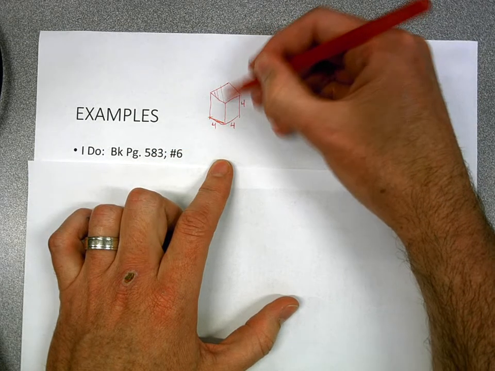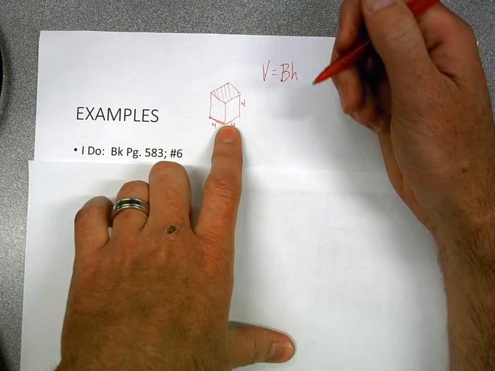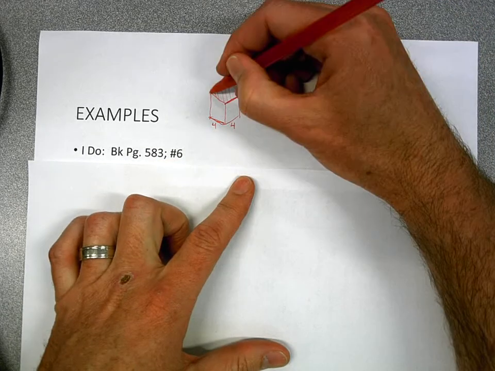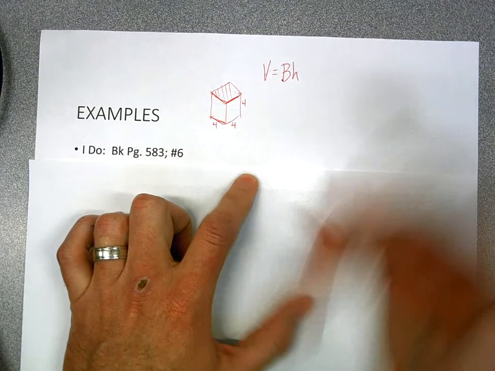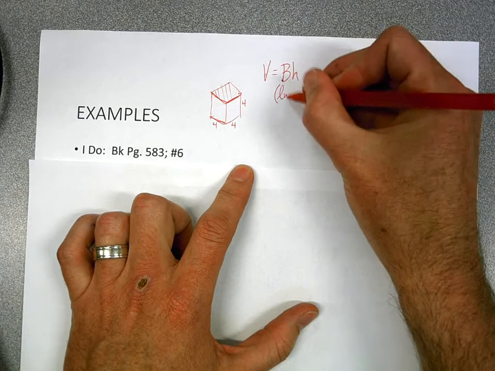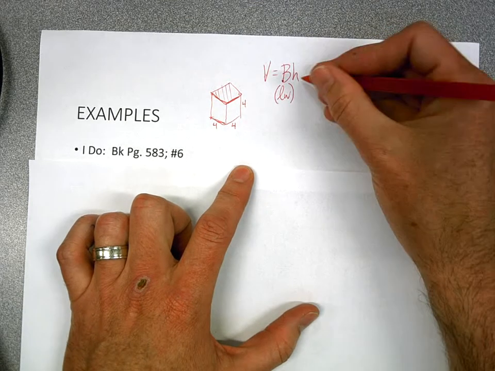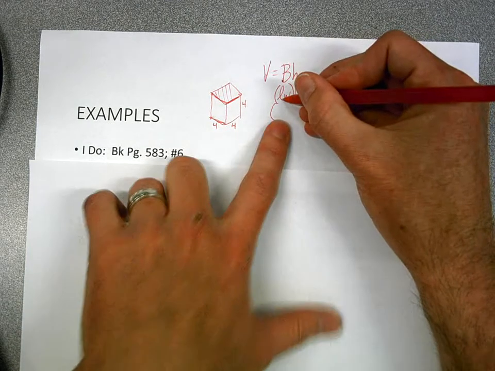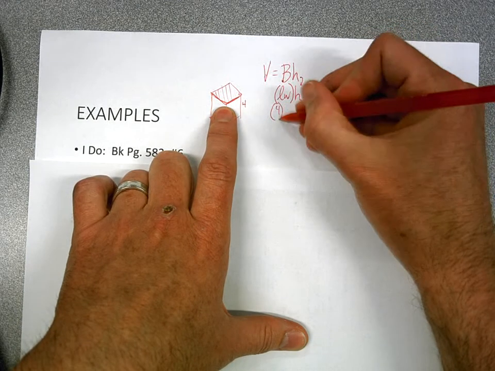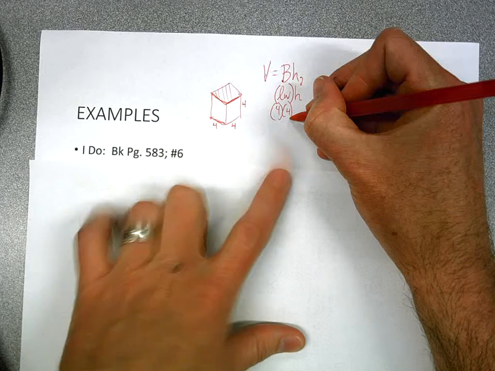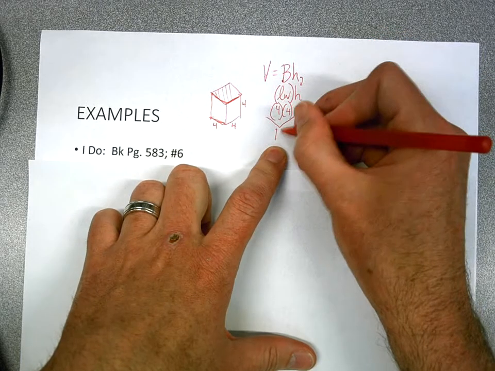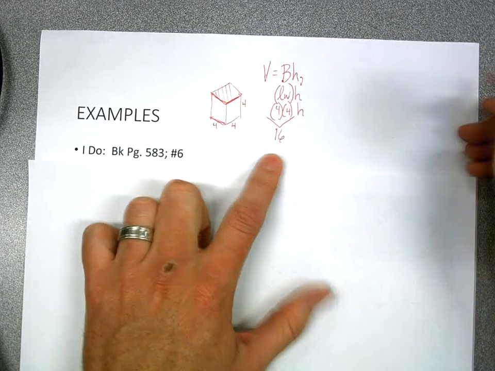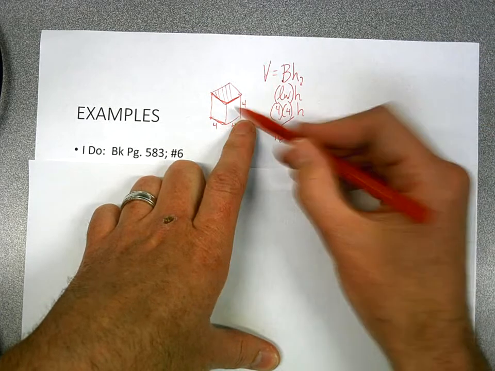I'll go ahead and just count this as the base. I need to find the area of that. This is a rectangle, or in this case a square, right? It's length times width. I'll bring down h since it's our third dimension. Now, the length is 4, the width is 4, so that gives me 16.